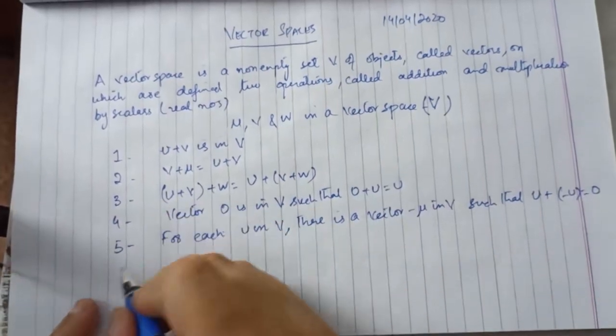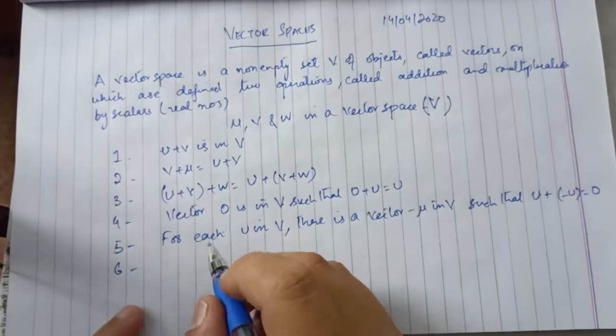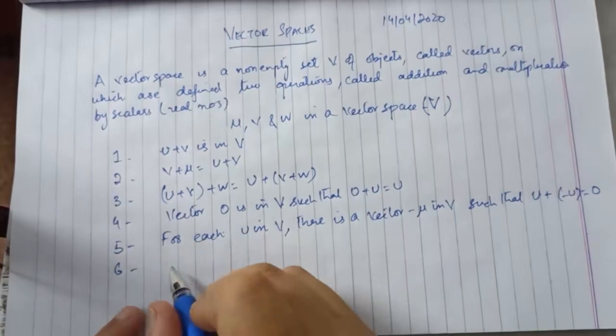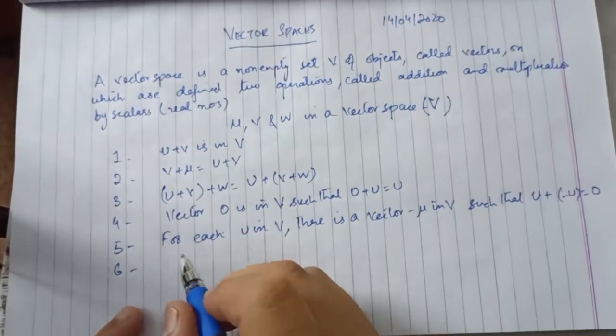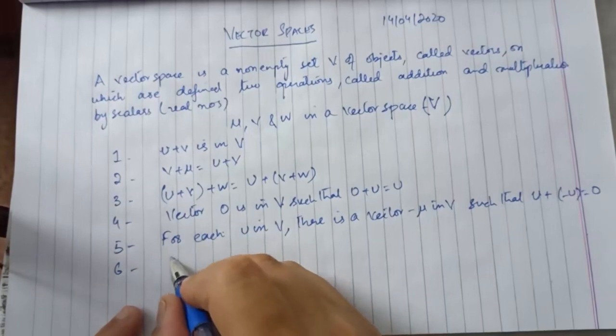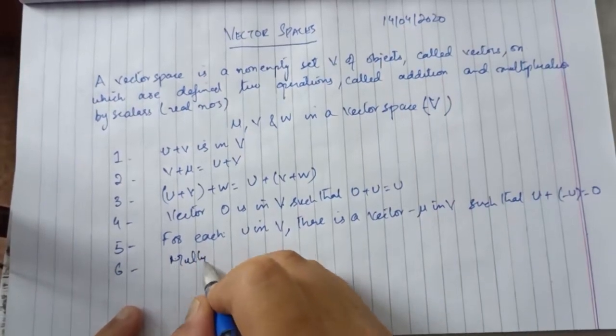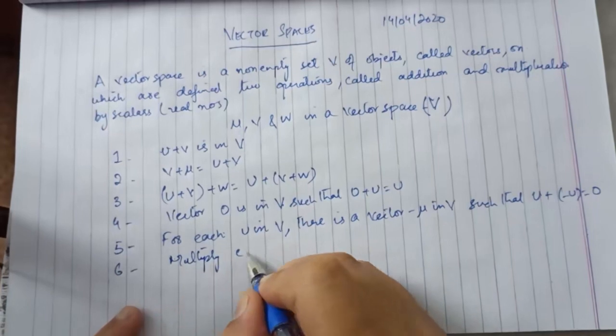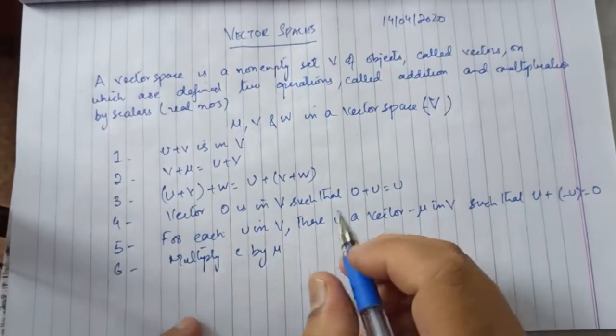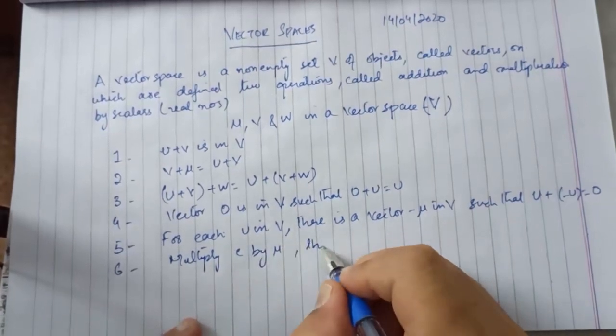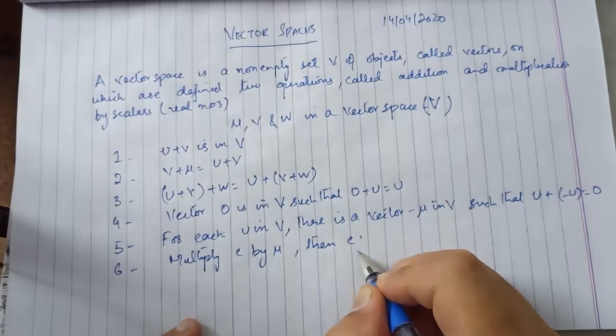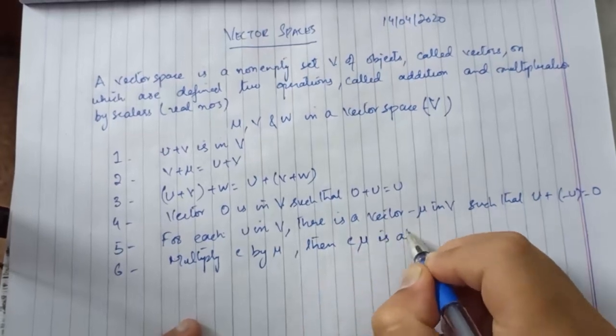Now the sixth one is, if you multiply a scalar number c by a vector u, then c times u is also in V.